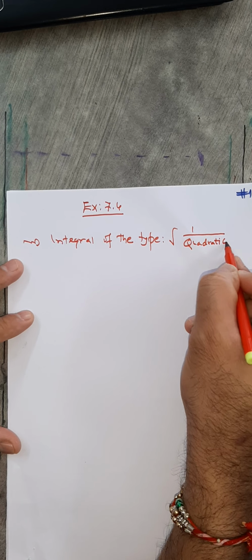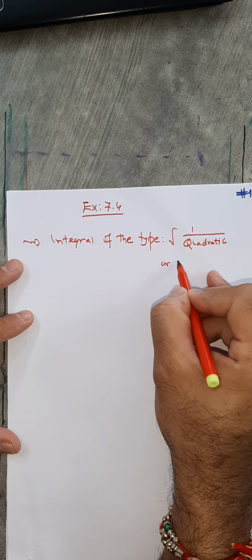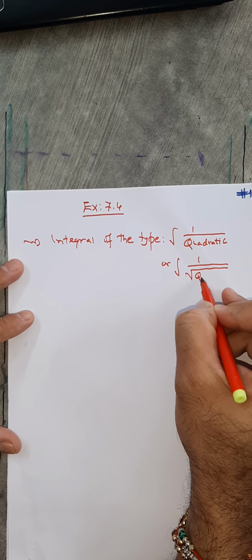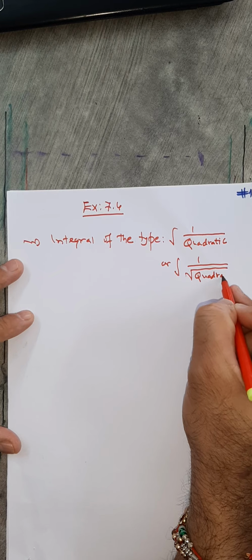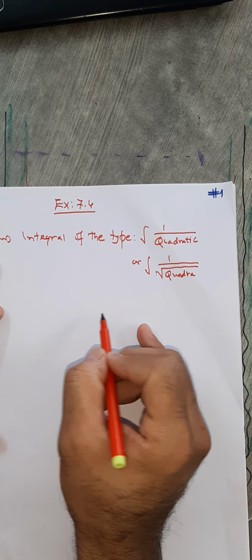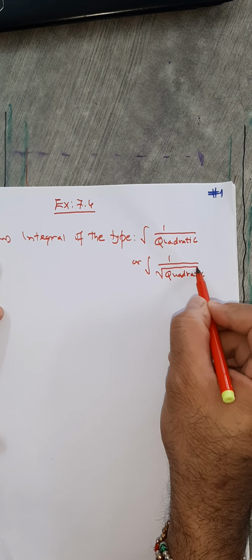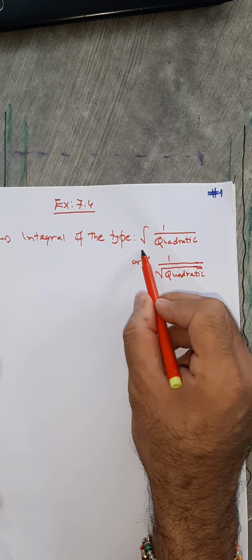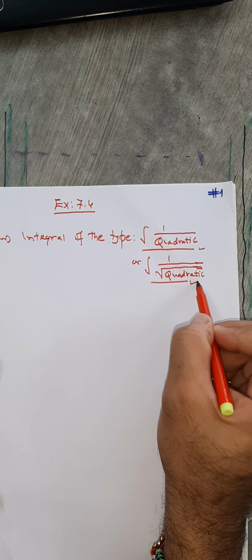It may be 1 upon inside the square root quadratic expression, right? Inside the square root quadratic expression, with or without square root. Procedure is same, formula would be different at the end, remember.